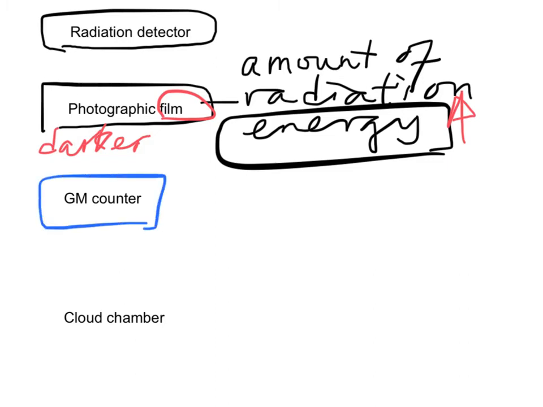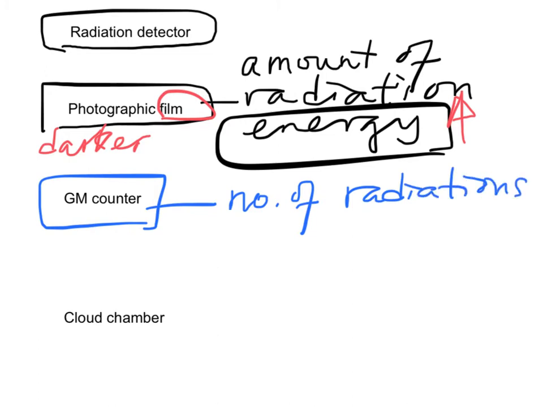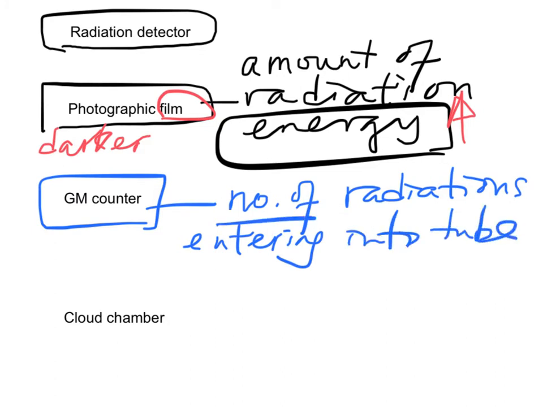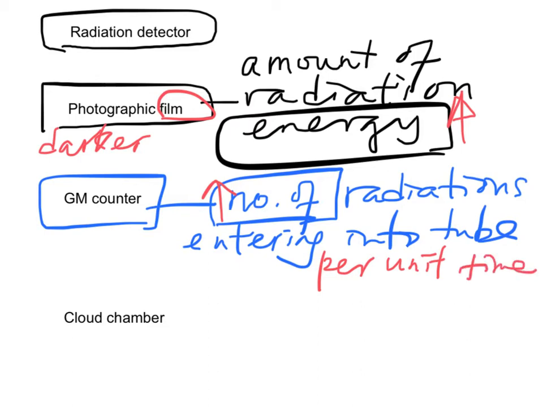For a GM counter, it's mainly used to measure the number of radiations entering into the tube. It measures the number of radiations. The greater the number of radiations entering the tube per unit time or per second, the higher the count rate.